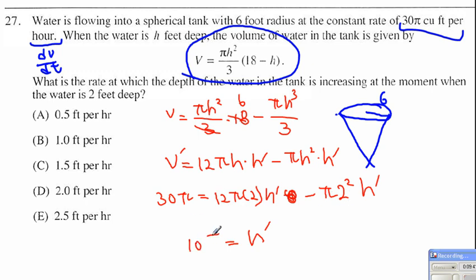So hence we end up getting 10 feet, actually... have we made a small mistake here somewhere?